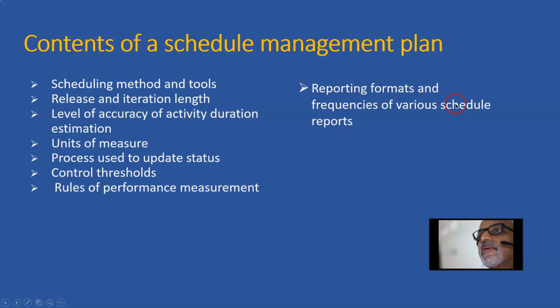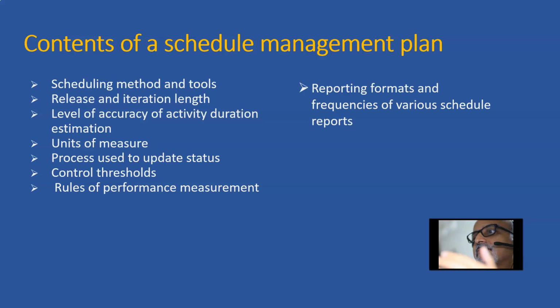Then reporting formats and frequencies of various schedule reports, whether it is a Gantt chart or a tracking Gantt or just the critical path. If you go to MS Project and look at the reporting formats, there are many of them, and all the formats should not go to every stakeholder.